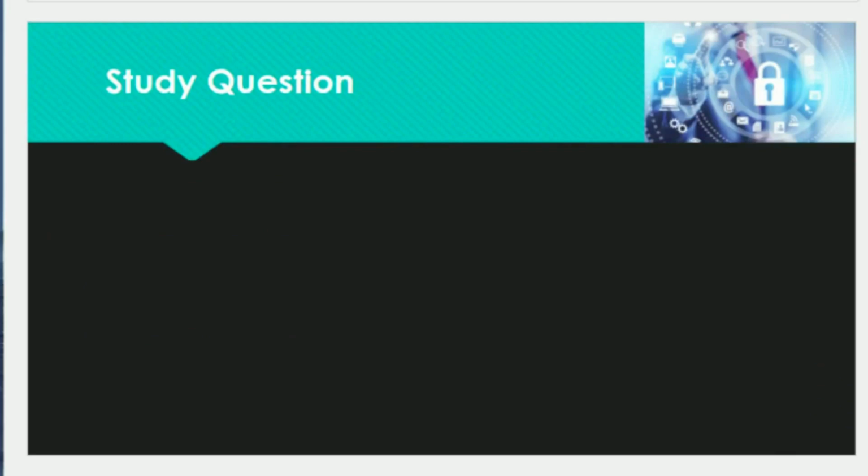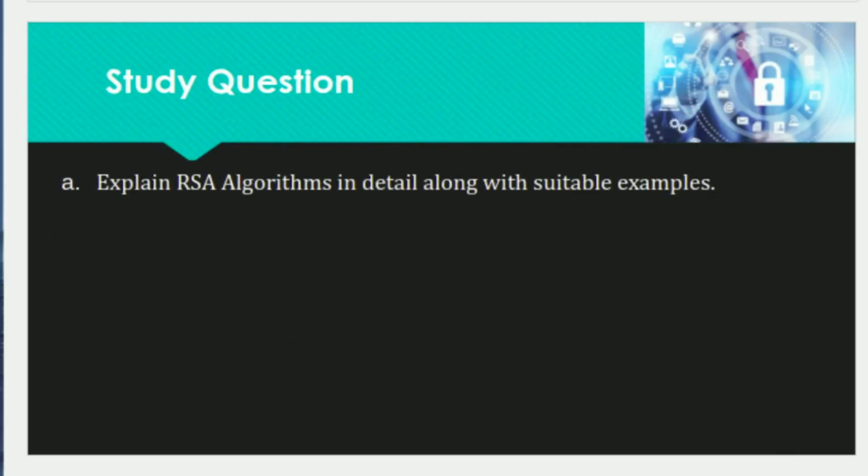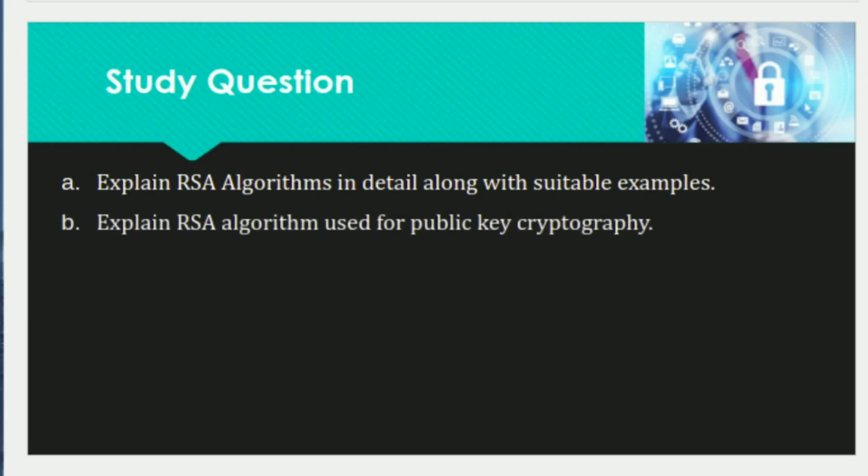Based on today's discussion, you have to solve the following assignment questions or study questions. Explain the RSA algorithm in detail along with a suitable example. Explain the RSA algorithm used for public key cryptography.